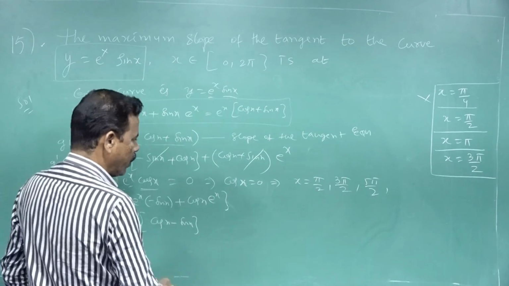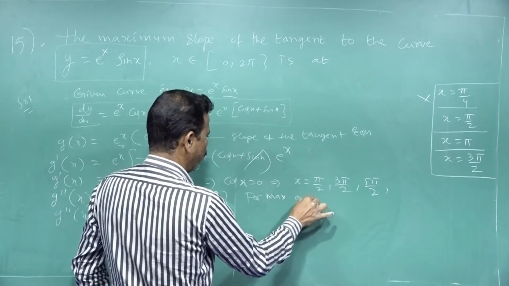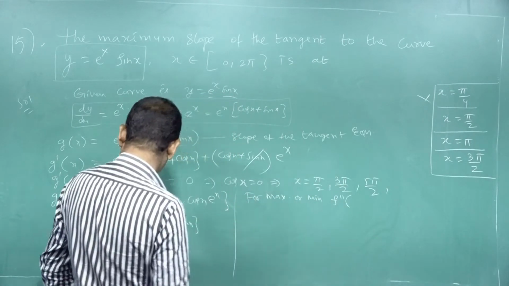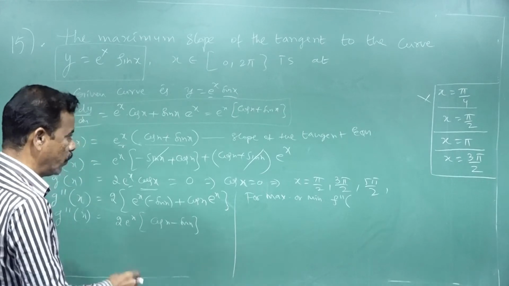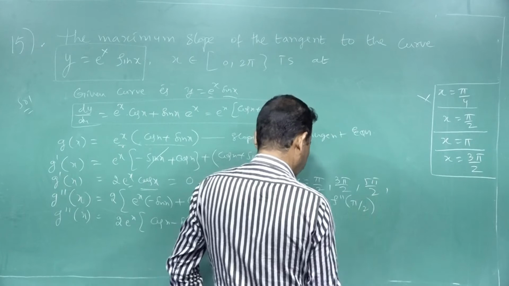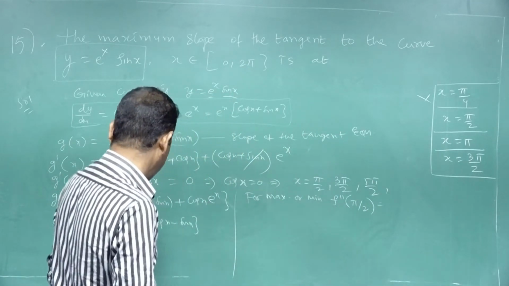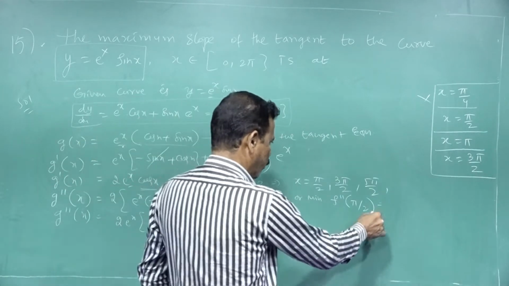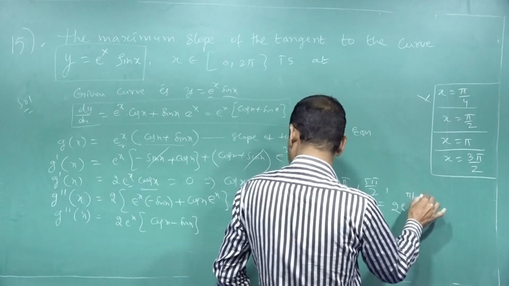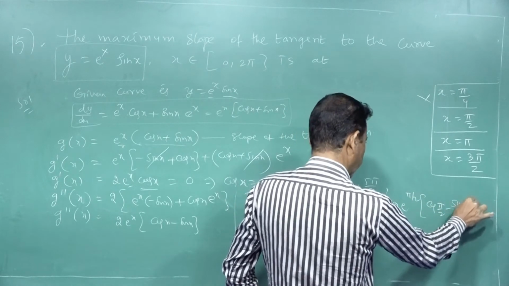For maxima or minima, we check f double dash at the first value, 5 pi by 2, whether it is positive or negative. f double dash of 5 pi by 2 is 2 e power of 5 pi by 2 times cos 5 pi by 2 minus sin 5 pi by 2.